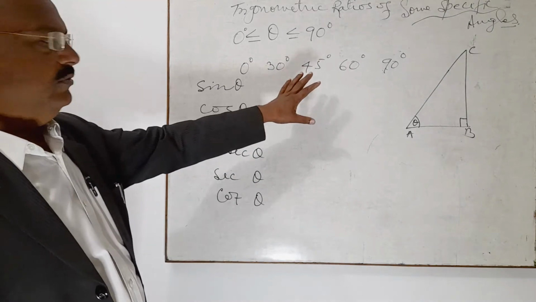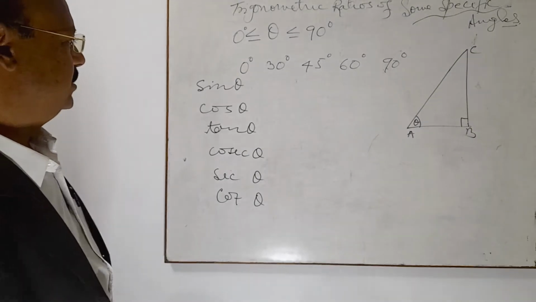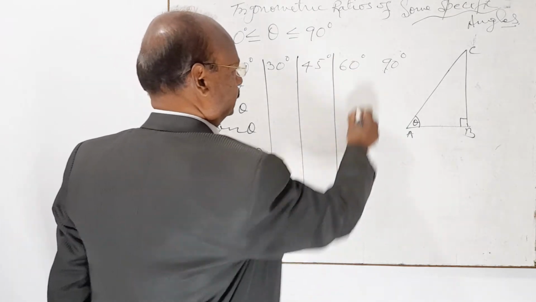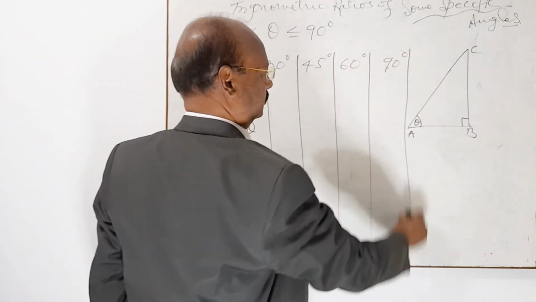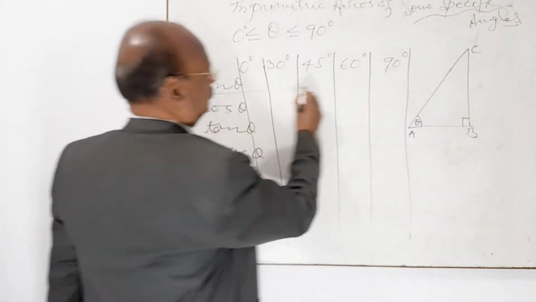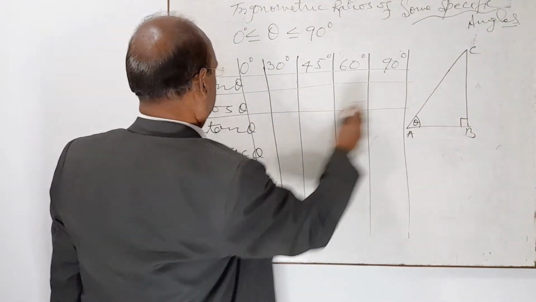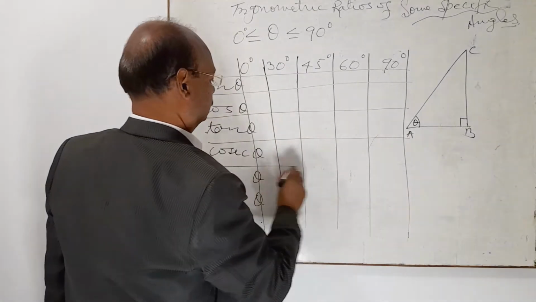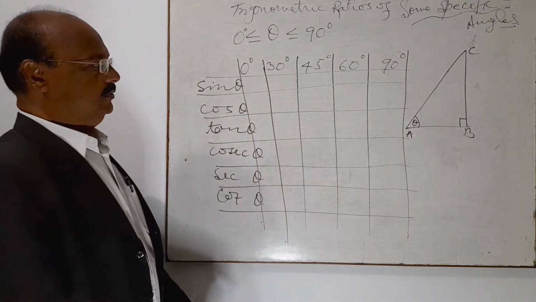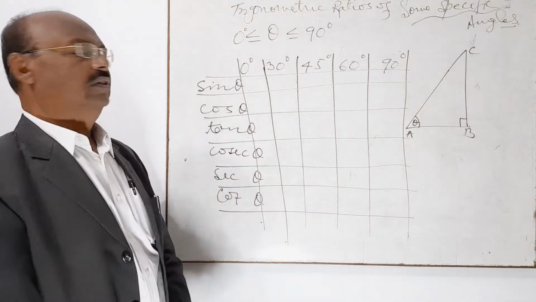First of all we'll make a table so that you can remember it very easily. Now we'll write down all the values of these trigonometrical ratios with respect to these angles.